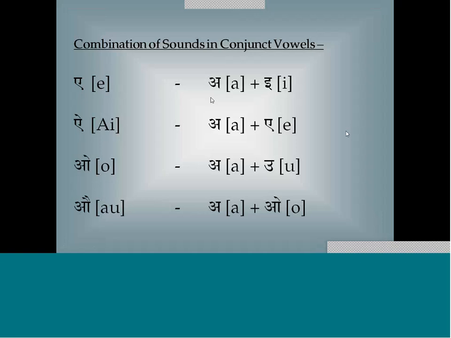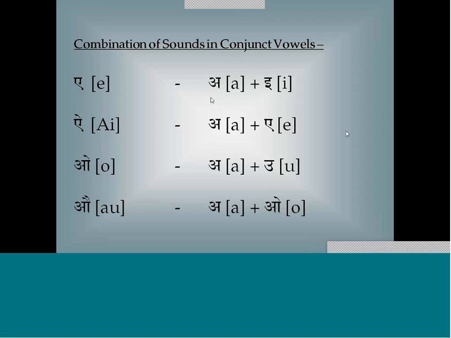And now O. O is a combination of the sound of A and U, guttural and labial. So what is the sound of O?